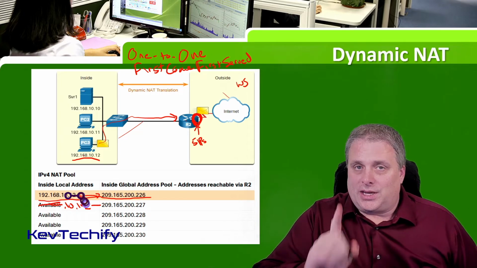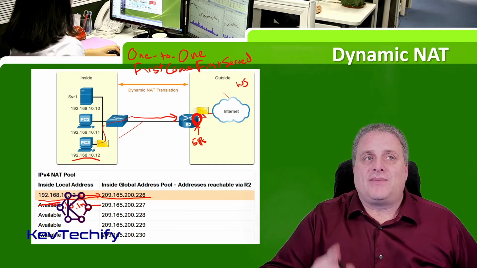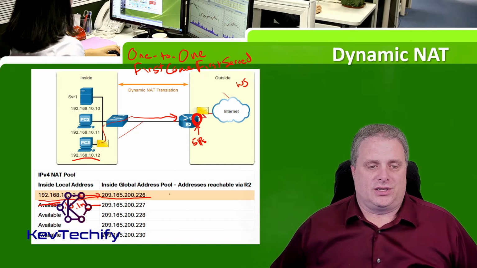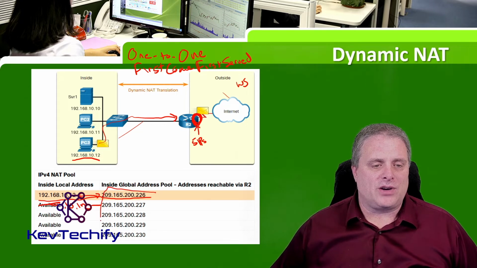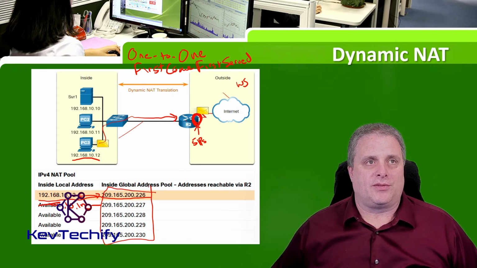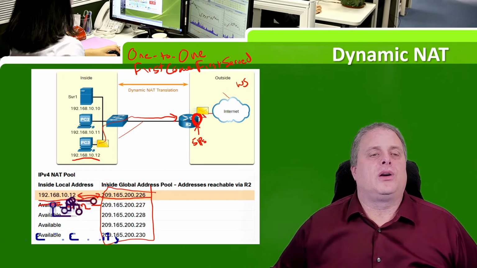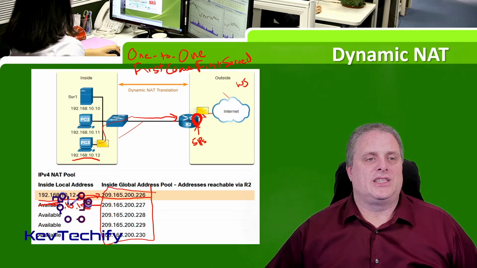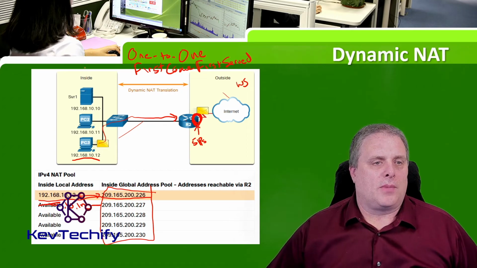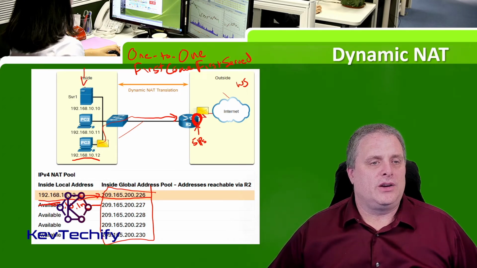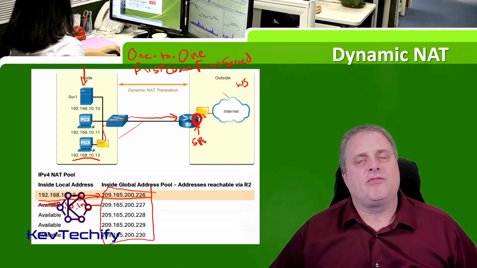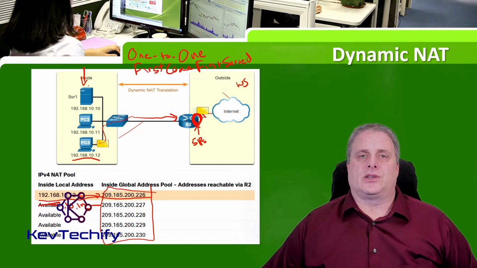Now, the trick here is you need to have enough public IP addresses. So you need to have enough of these IP addresses you got from your internet service provider to satisfy the total number of simultaneous user connections. So the amount of users that want to use the internet at one time, you need to have enough publicly accessible IP addresses.